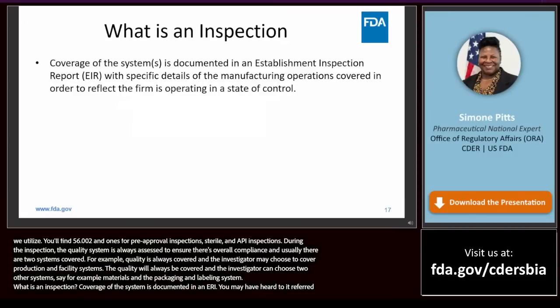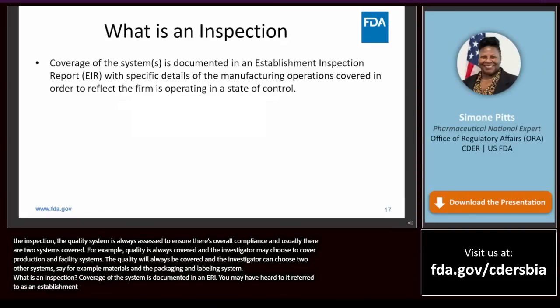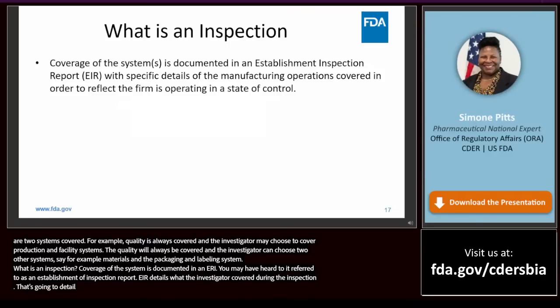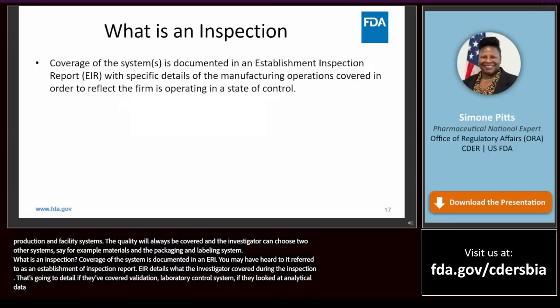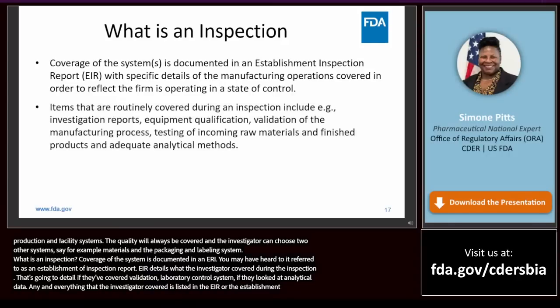That EIR details what the investigator covered during the inspection, whether they covered validation, the laboratory control system, or looked at analytical data, any and everything the investigator covered to determine if the firm is operating in a state of control. That is listed in the EIR, or the Establishment Inspection Report for the full name.